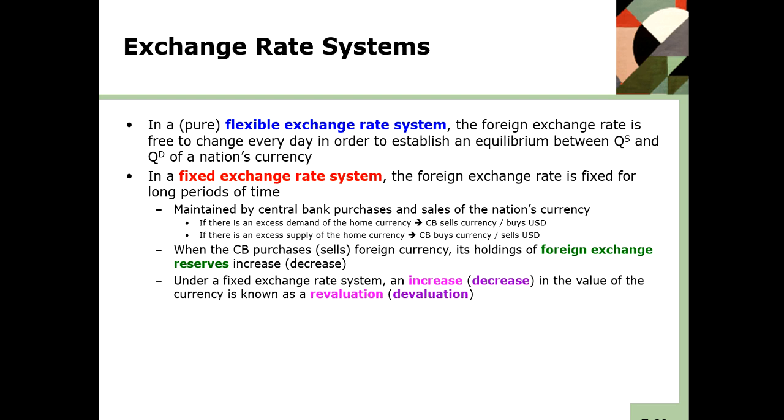But this one happens because government deliberately wants to do that. Okay? Very important to differentiate between appreciation and depreciation, and also revaluation and devaluation.